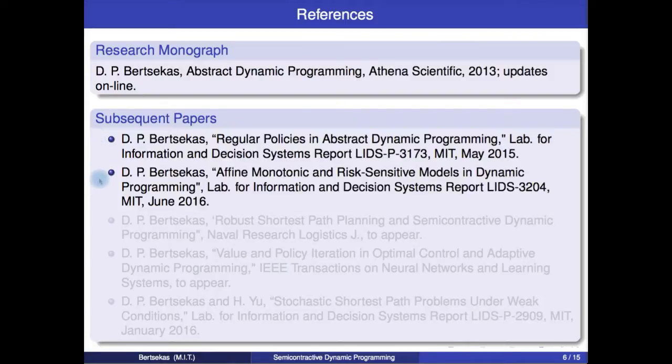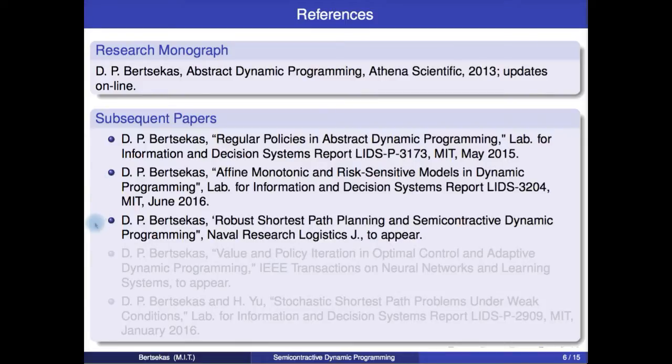The next paper deals with affine monotonic models where the dynamic programming mapping is linear, and these include risk-sensitive models with exponential cost function. Then this paper deals with minimax type of shortest path problems. Robust refers to minimax.